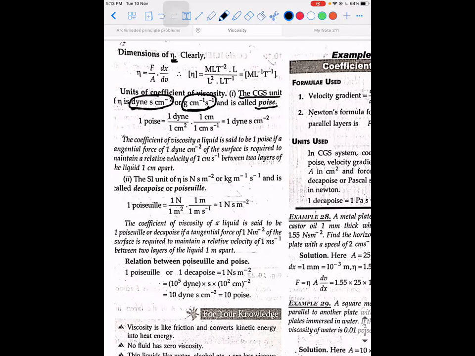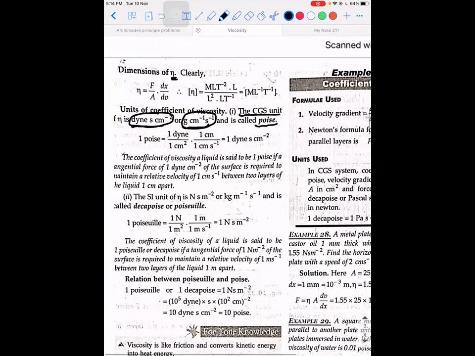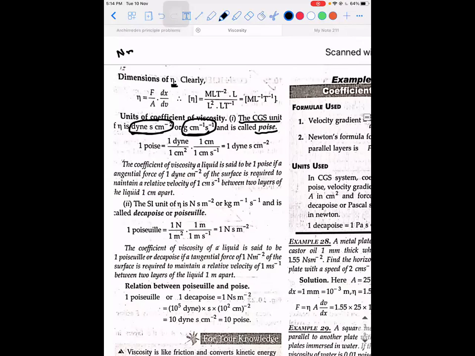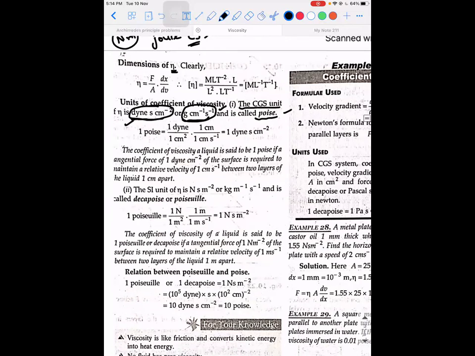Wherever you see gram centimeter inverse second inverse or dyne second centimeter power minus 2, that can be written as poise. For example, if we have Newton meter for work done, instead of writing Newton meter every time, we replace it with joule. In a similar context, this can be replaced with poise. So 1 poise is exactly equal to 1 dyne second centimeter power minus 2.